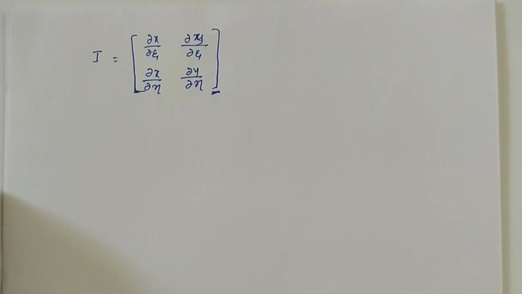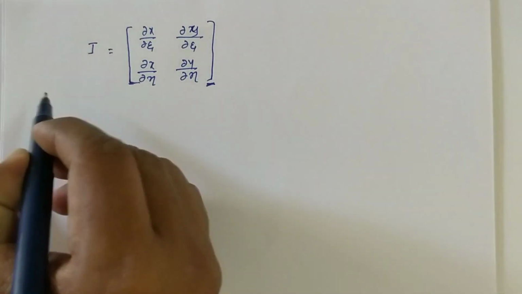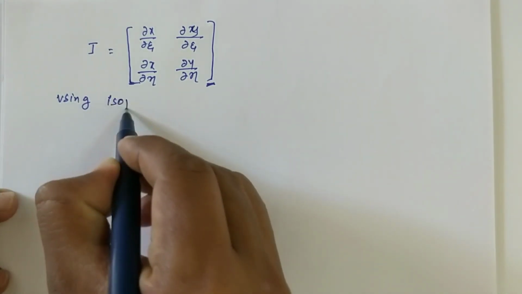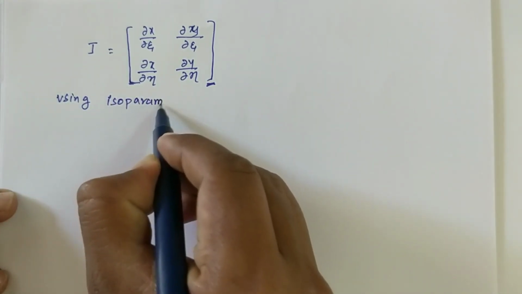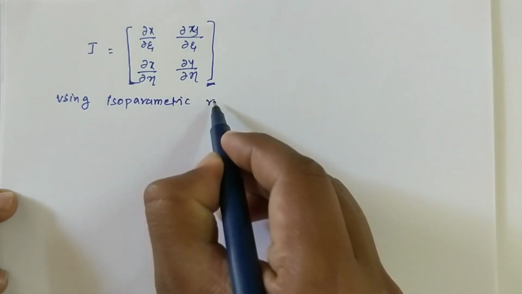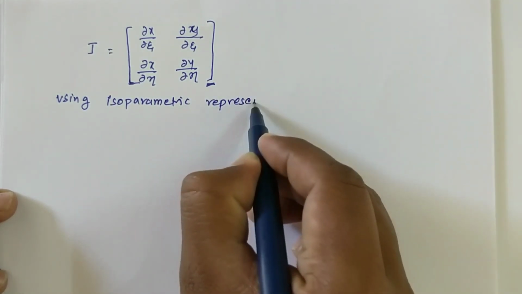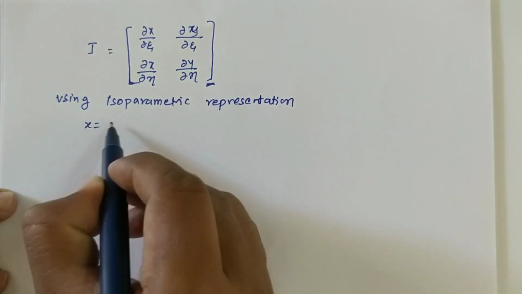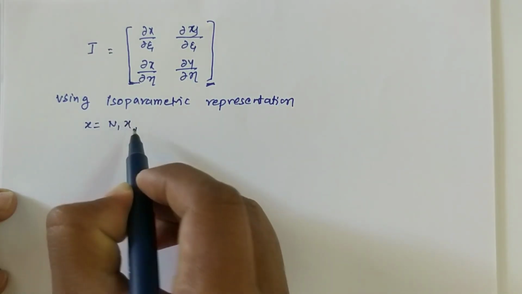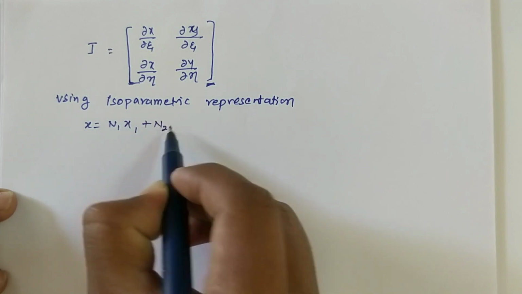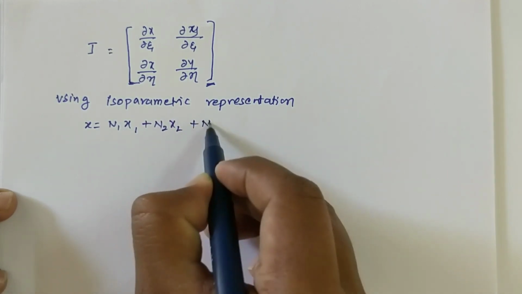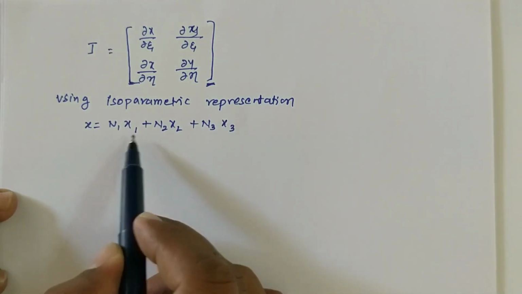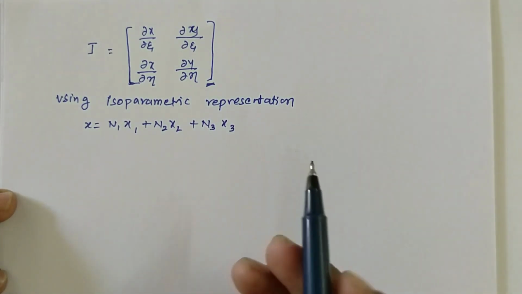So we use isoparametric representation. We write like this: x is equal to n1 x1 plus n2 x2 plus n3 x3. Since it is a CST element, we will have three shape functions n1, n2 and n3.